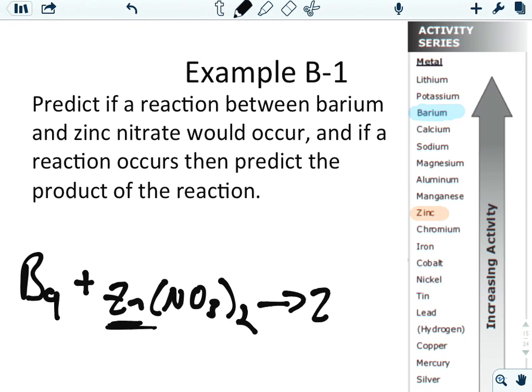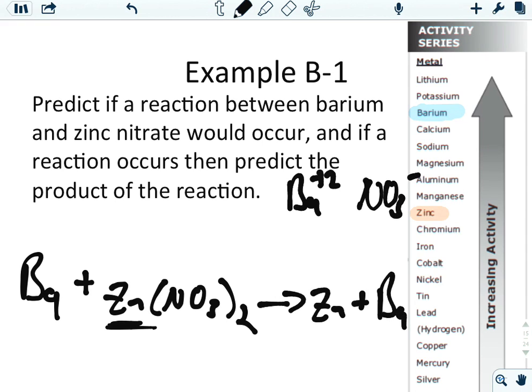So zinc is now by itself, and barium is now bonded to nitrate, which we have barium, which has a +2 charge, nitrate, which is NO3, -1, crisscross, and we get Ba(NO3)2. Okay, that reaction actually happened.